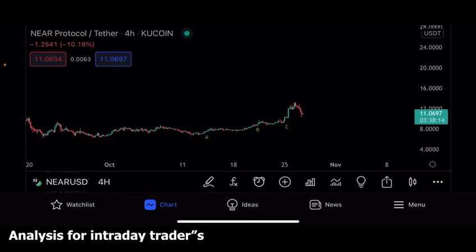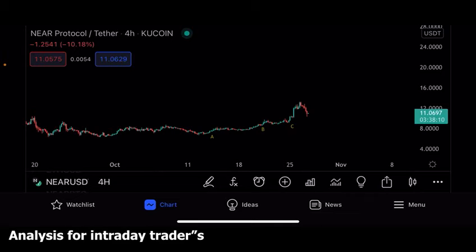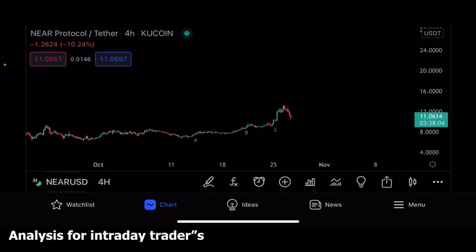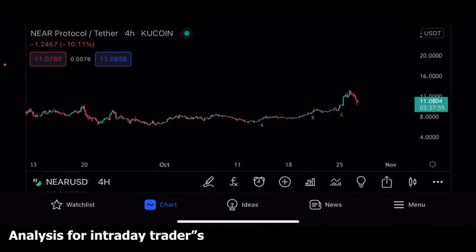This is a pure correction because price has tightened up. It was going high from A, kept going high, got to B, continued going high, got to C, and now made a higher spike up there. That's why we're getting this correction. After this correction we're going to get a better upward move, so we're expecting more bullish movement.